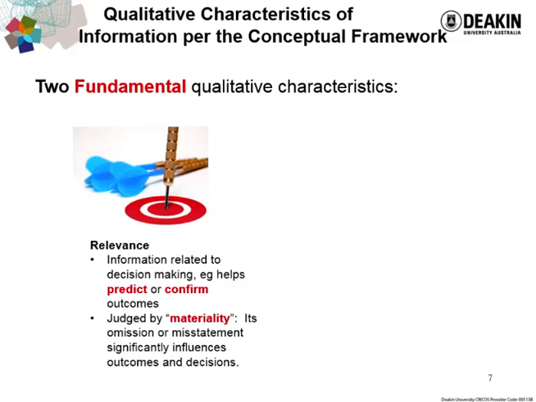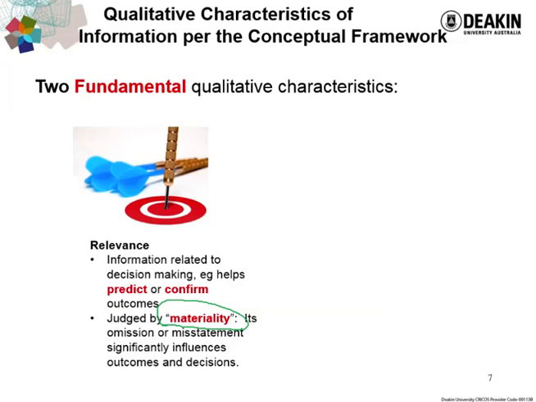And relevance is judged by materiality. Materiality means information that is significant enough to influence our decision. And therefore, such information should be correct and it should not be omitted. And note that materiality requires a degree of professional judgment.